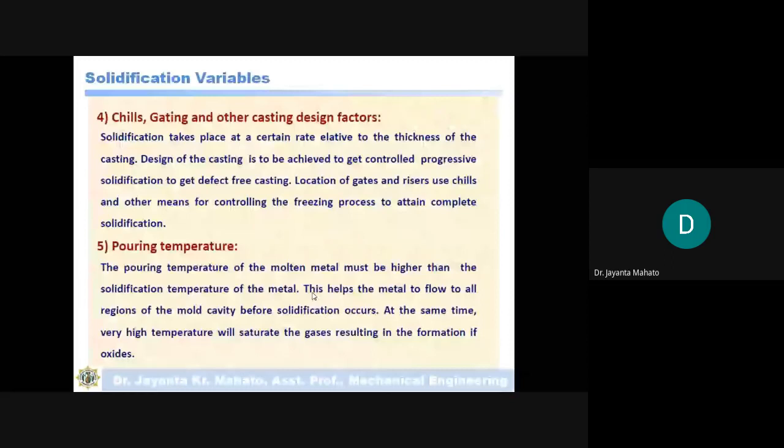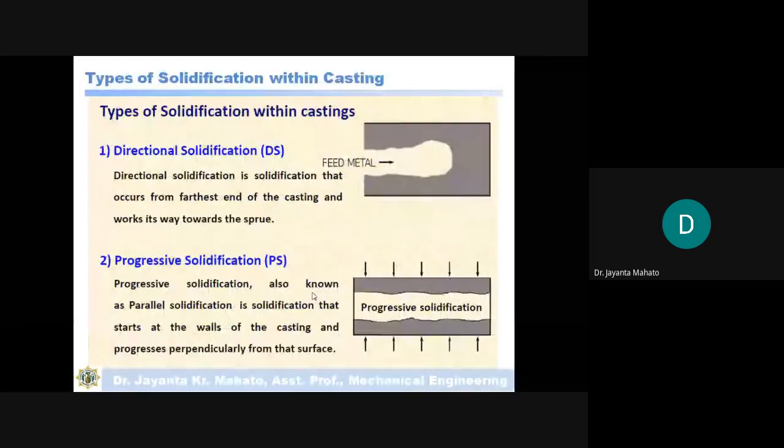Now there are two types of solidification within the casting. One is directional solidification.